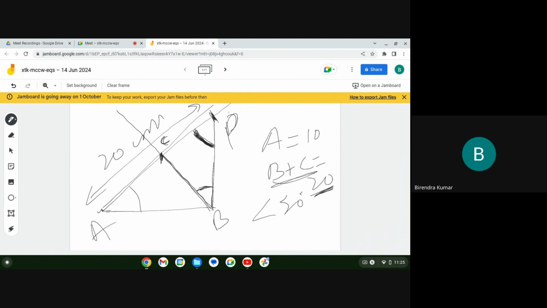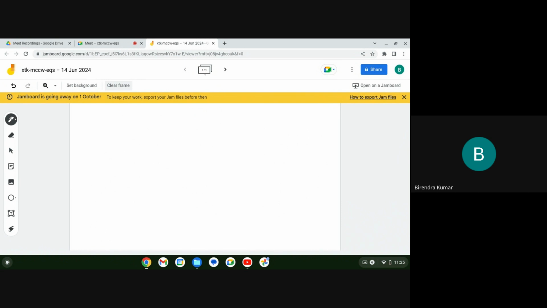Now you'll ask me why and how. Let's first repeat what I'm doing, and then I'll justify why this is that way. So you have one side known, one angle known. You have drawn the first side, then you have drawn that angle, and whatever was the sum of the two sides, you have marked it.